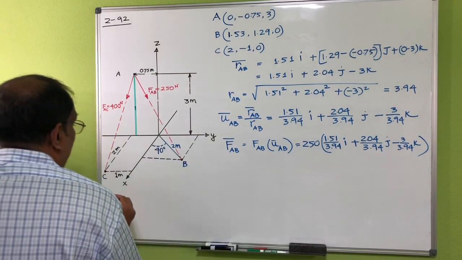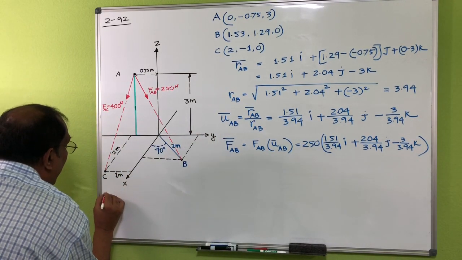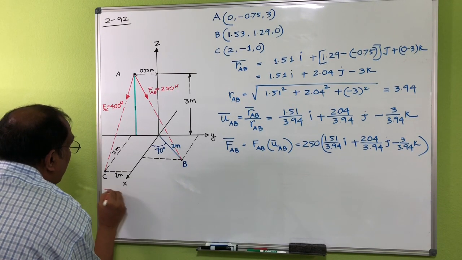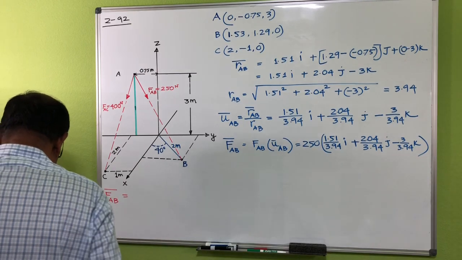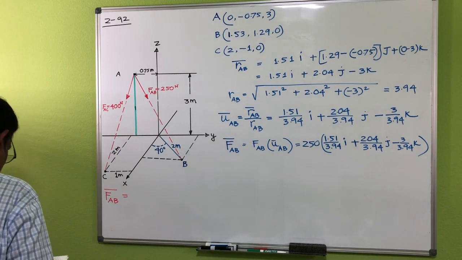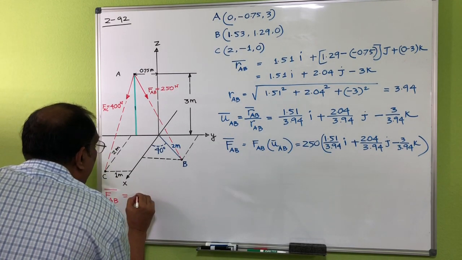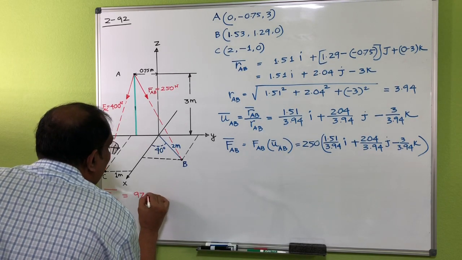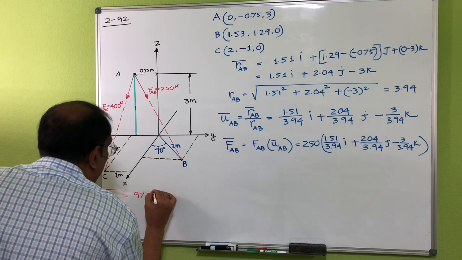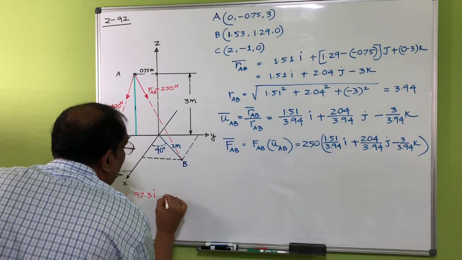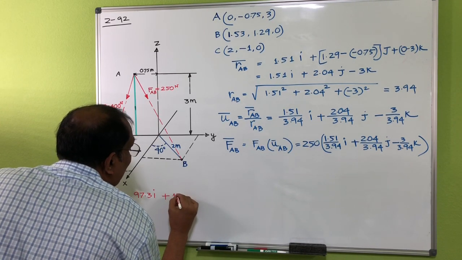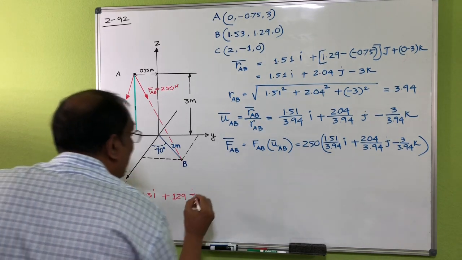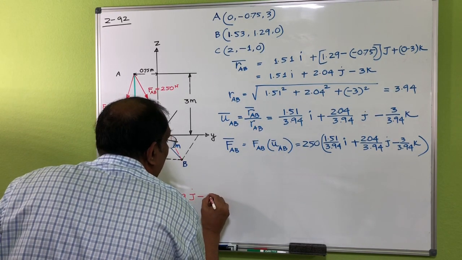Let me write it down here. .3, 129J, minus 191K.